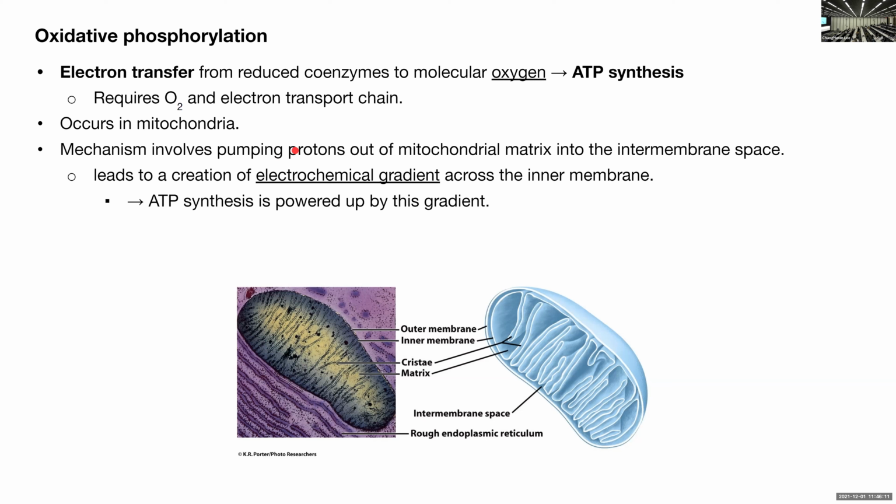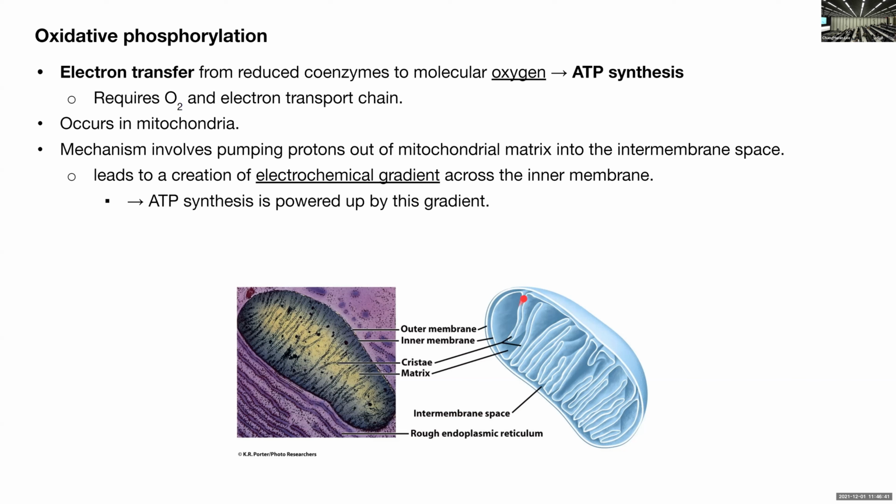So it pumps the protons out of the mitochondrial matrix, which is the internal liquid or gel-like stuff, into the inner membrane space, which is in between two membranes. So we talked about the structure again here, where the mitochondria have two membranes, outer membrane and inner membrane, and in between there's an inner membrane space, which is right here, and inside of that there's a matrix.